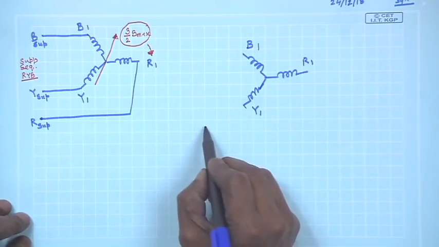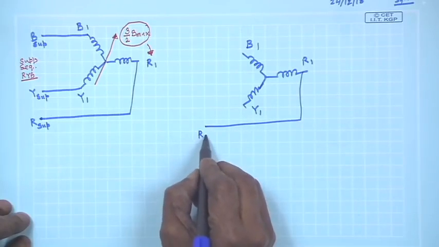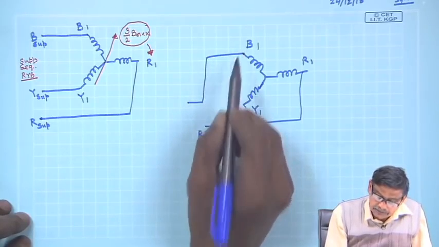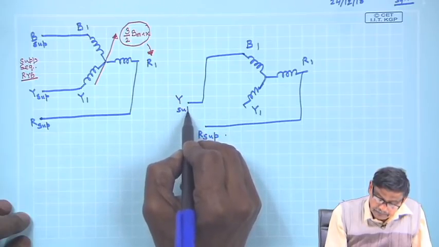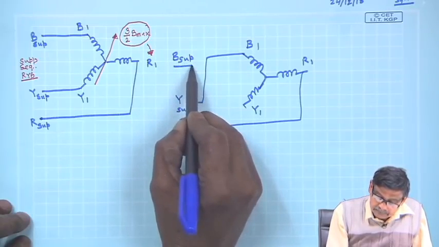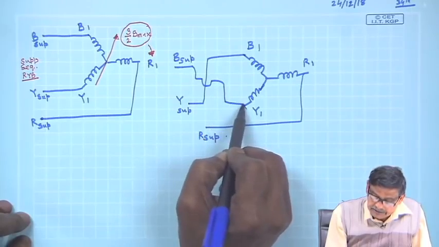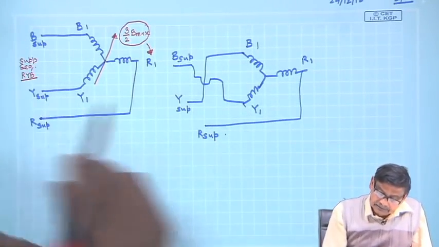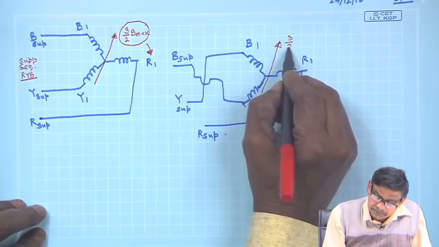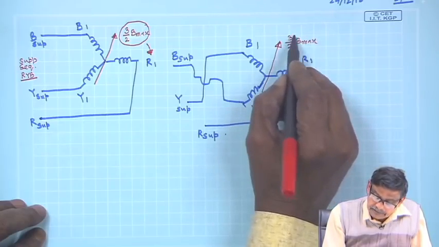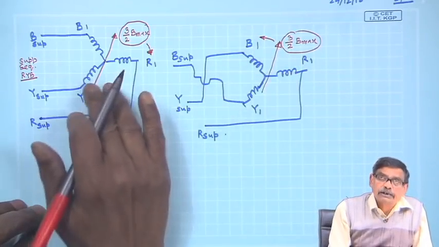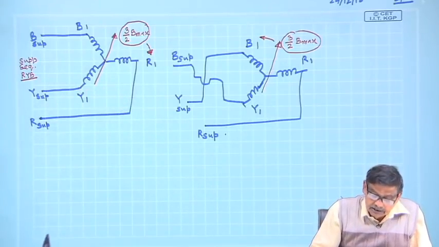But what you have done is this, the R supply you have connected like the previous one, but the Y supply you have connected to the B, and the B supply you have connected here, then also a rotating magnetic field will be developed, whose strength will be 3 by 2 B max, and this one will rotate this way, with respect to the coils, with respect to the structure which houses the coil.